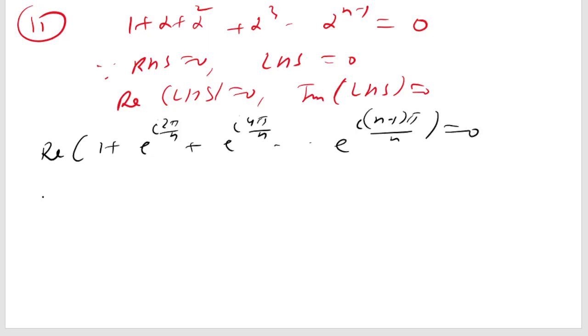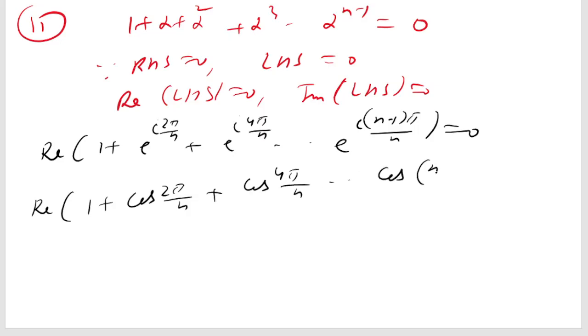If you are talking just about the real part, 1 is real anyway, e to the power i 2 pi by n means cos of 2 pi by n, plus cos of 4 pi by n, up to cos of (n minus 1) 2 pi by n, and they will be 0. Okay, so the real part means this part is 0. Got it? This is the real part of this one.